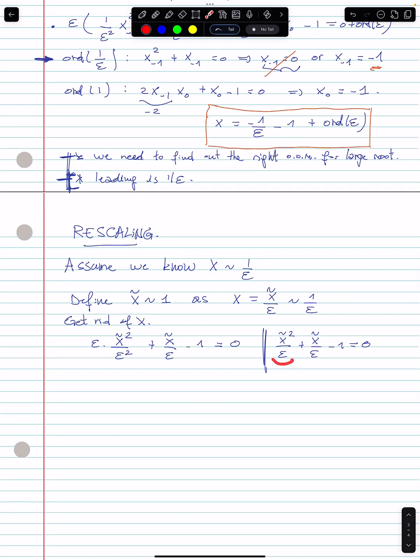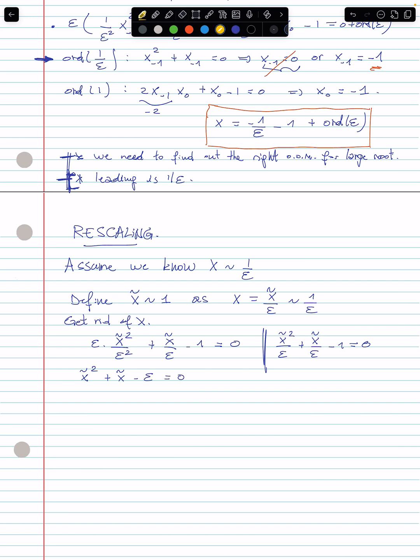Now we have provided the rescaling. And so what do we do in order to have something that is of order 1 at leading order? Of course, right away, we get rid of epsilon in the denominator and we multiply everything by epsilon. And so the new problem that we solve is x tilde squared plus x tilde minus epsilon is equal to 1.